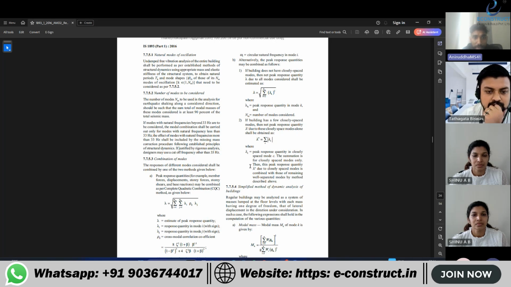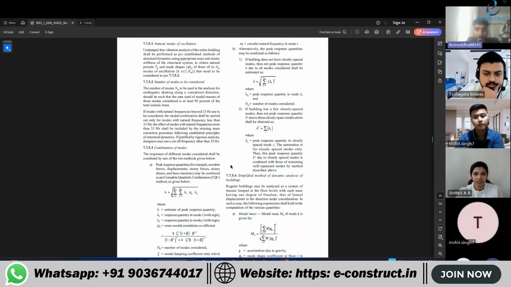The effects of modes with natural frequencies more than 33 Hz shall be included by missing mass correction procedures following established principles of structural dynamics. If justified by rigorous analysis, designers may use a cutoff frequency other than 33 Hz.